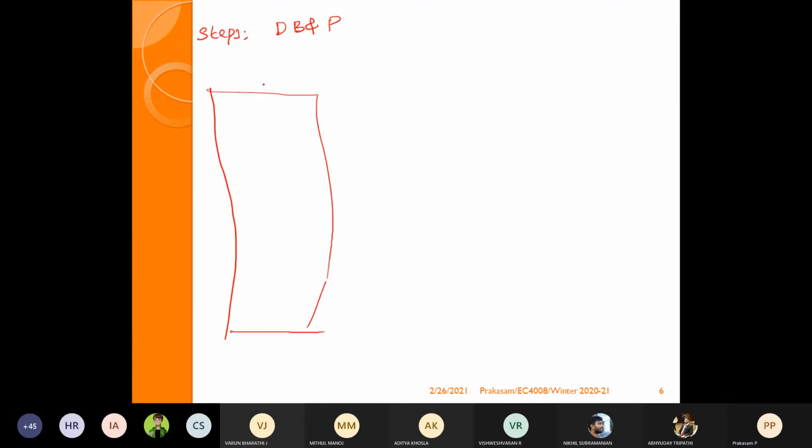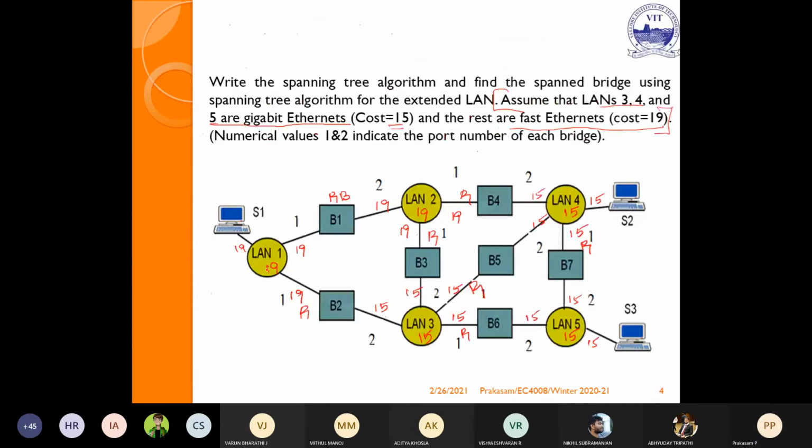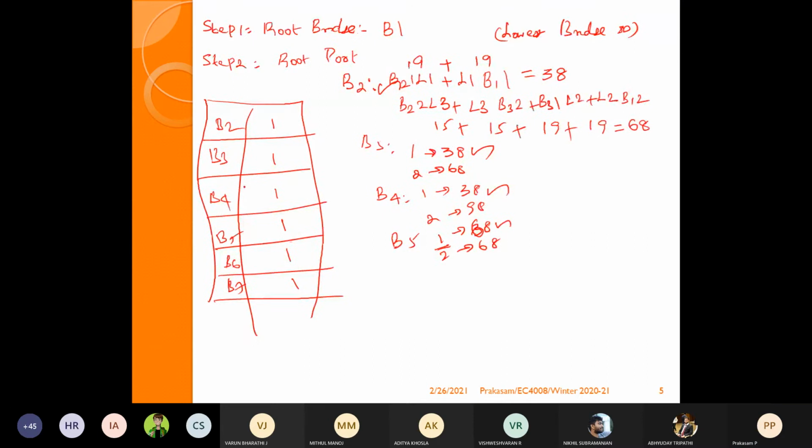So next one, step 3: designated bridge and port. How many LANs? 5.